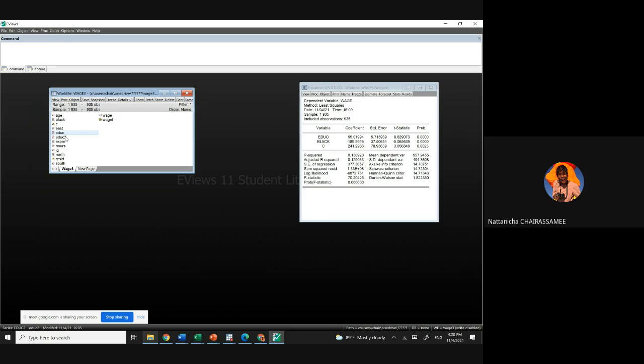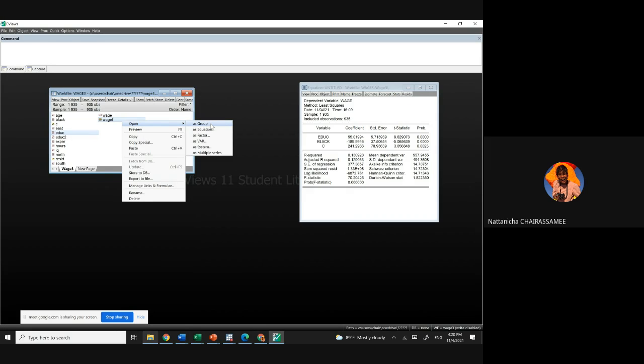Education here will be your independent variable, right? Because your education changes will affect wage. So I'm going to click on education and then click the wage that you already predicted. And again, just open it as group.